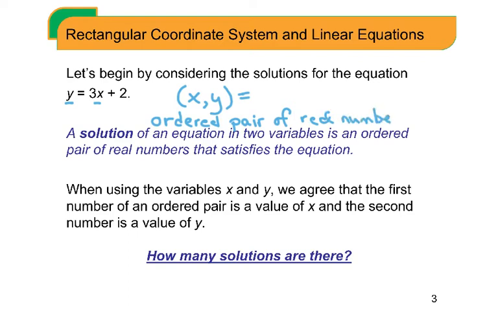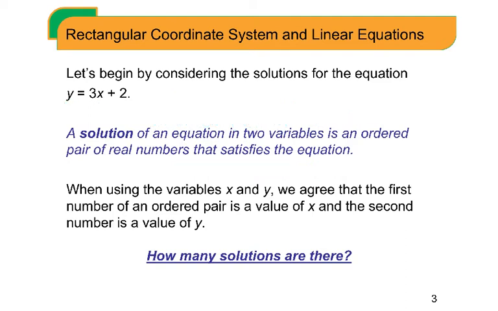We always put x first and y next. That's alphabetical, if you ever forget, isn't it? Alphabetical order, x, y. So a solution to this equation is a pair of real numbers that satisfies the equation.